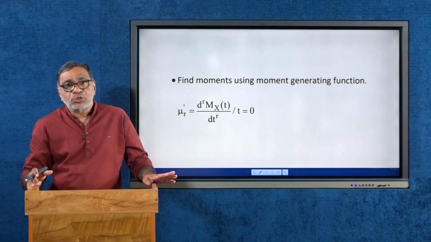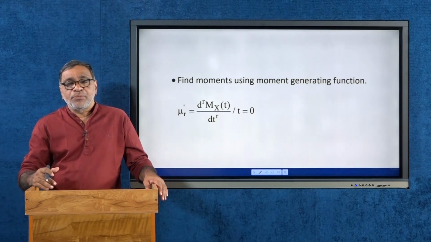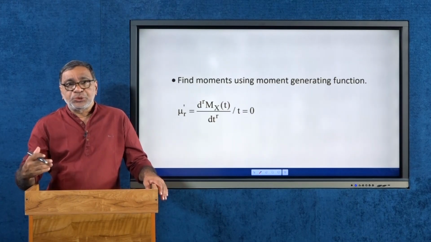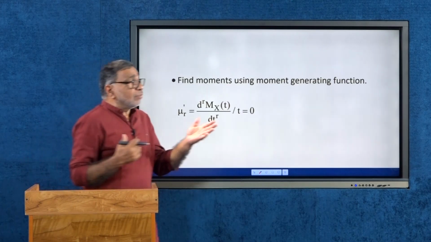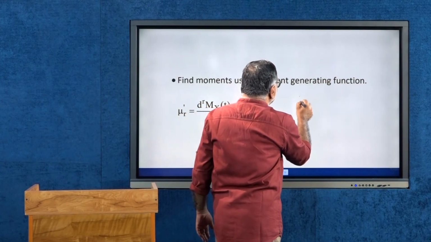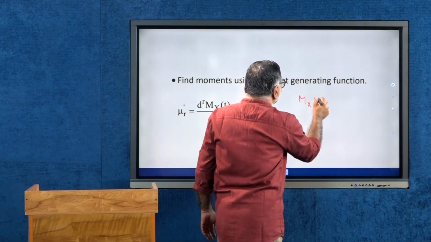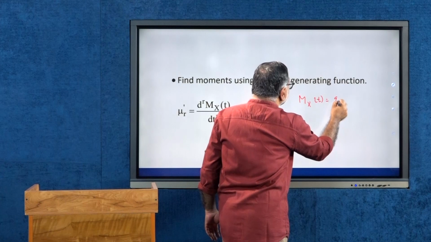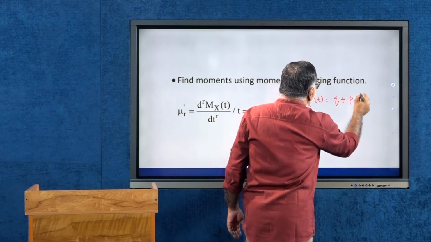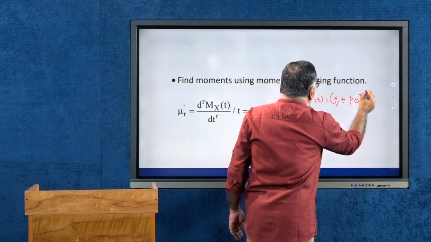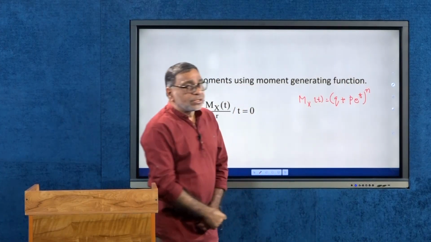Mu r dash is obtained by differentiating the moment generative function with respect to t and putting t equal to 0. Earlier we obtained M_X(t) as (q plus p e power t) all power n. This is our moment generative function.